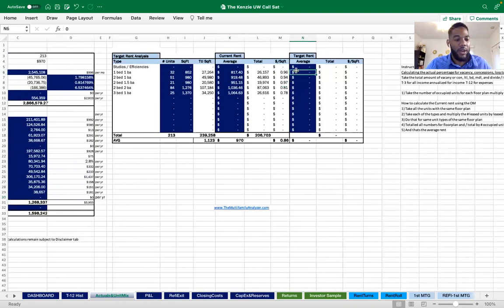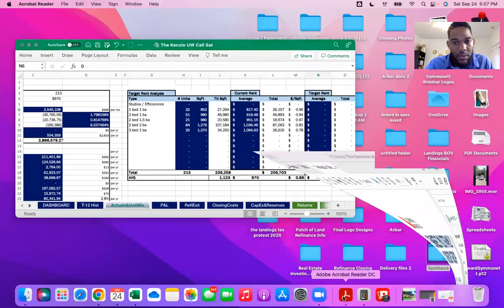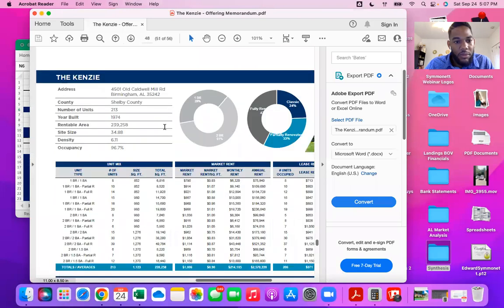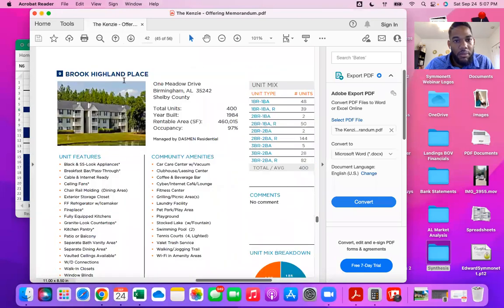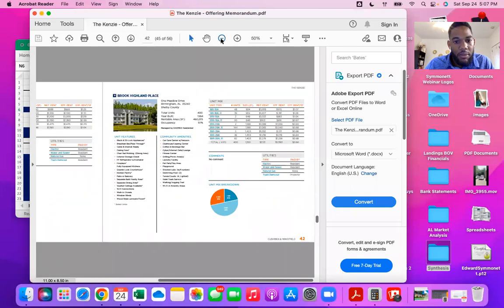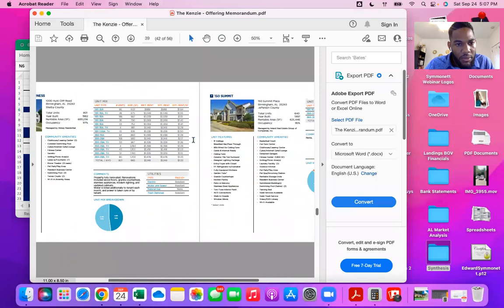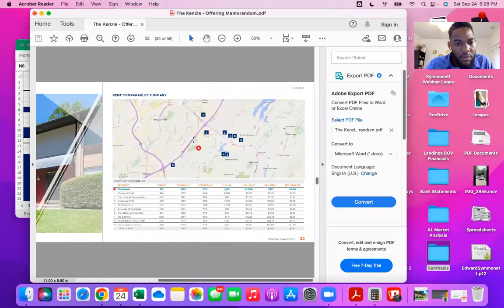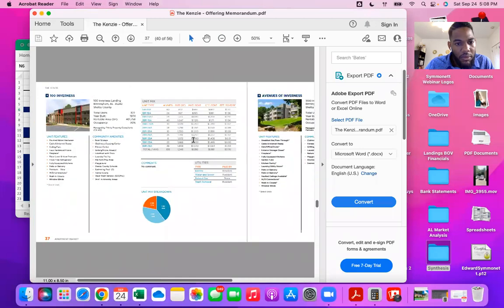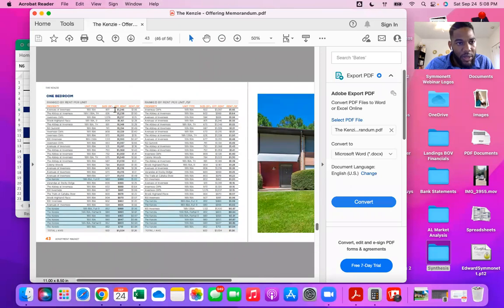Let's see if we can do some target rents. Okay, so this is the page we want to look at right here.